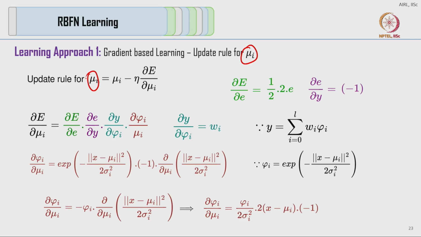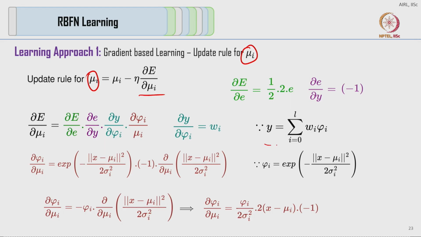The new center is the old center minus eta times the gradient, that is dou E by dou mu I. So if I look at dou E by dou mu I, it is dou capital E by dou small e, times dou small e by dou Y, times dou Y by dou phi I, times dou phi I by dou mu I. We have already derived dou capital E by dou small e by dou Y, so I am not going to do this again. Let's focus on dou Y by dou phi I.